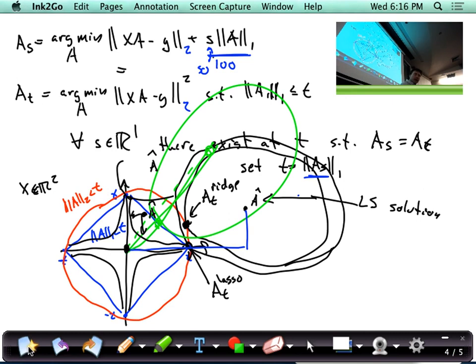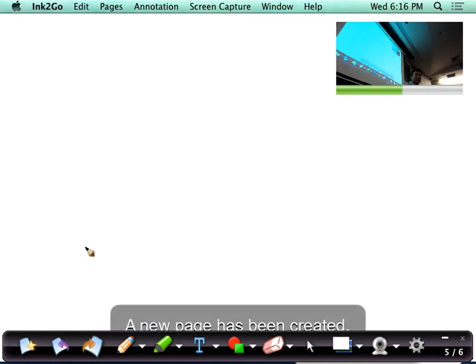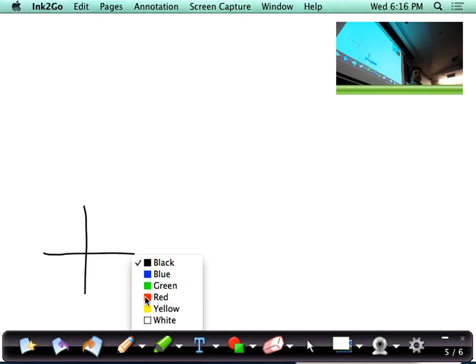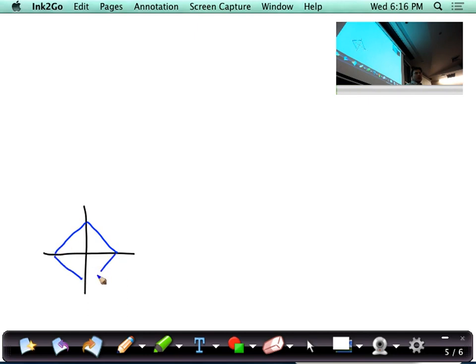quadrants? Okay, good. This gives me an excuse to redraw this picture here. This is our basis again, and we'll draw this L2 ball. This is the value t here. But think t is really small, so probably the optimal solution is going to be out here, pretty far away.